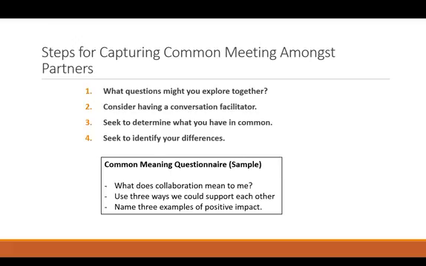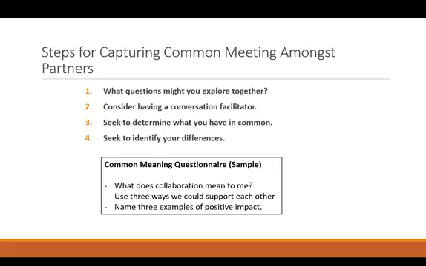Common meaning is a unique approach in which people can be deliberate about exploring words and concepts that they hold in common. It helps participants, both you and your partner, explore and talk about the meaning behind the words, and in doing so, you build a common understanding. And it's a great method to use when forming a collaborative.